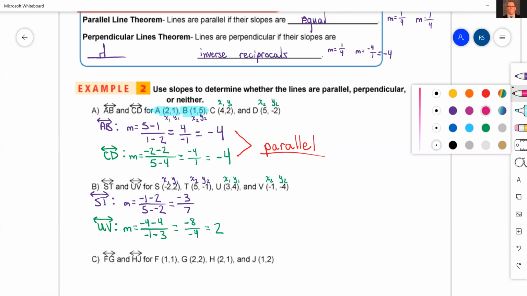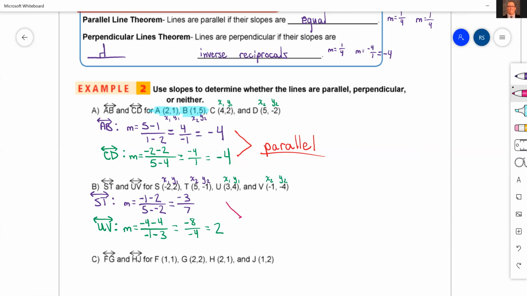So now let's compare these. Are they the same? No. Are they inverse reciprocals? So are they flipped with one negative and one positive? No. So these are neither.